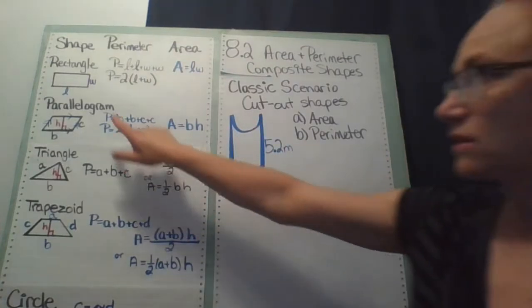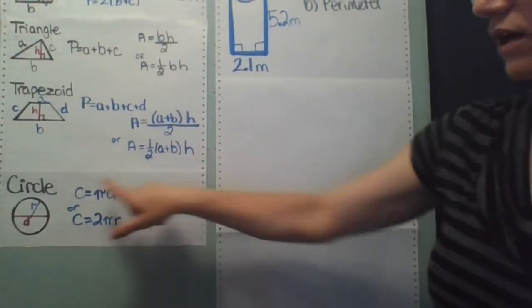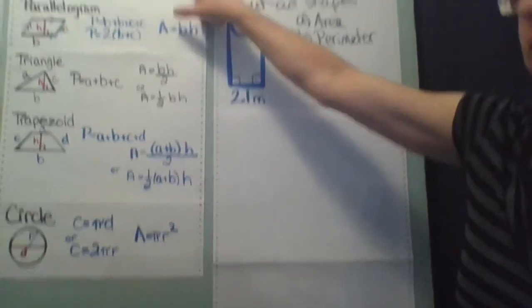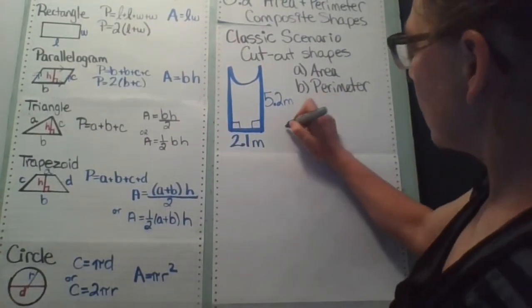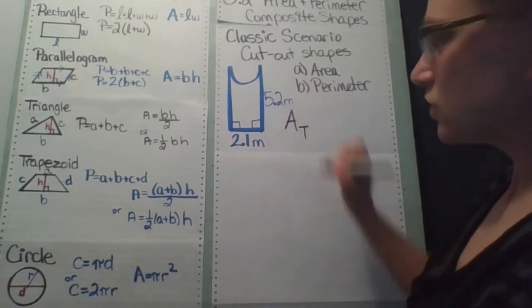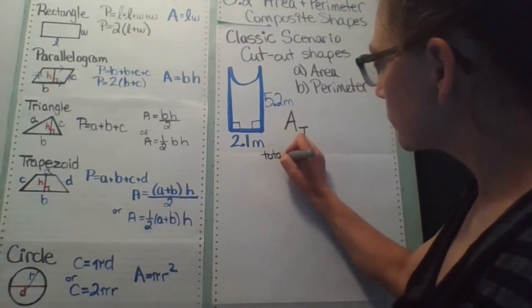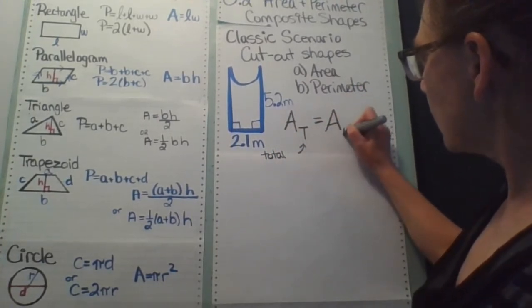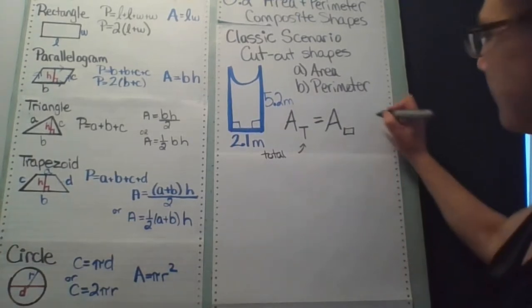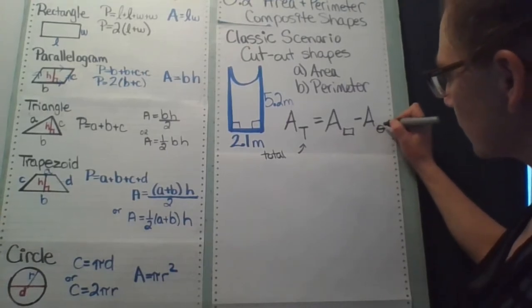And we've got our formulas, right? We know how to find the area of our rectangle. We know how to find the area of a circle. So we just need to make sure we have all our pieces and away we go. Area, T for total, will be equal to the area of our rectangle minus the area of our semicircle.